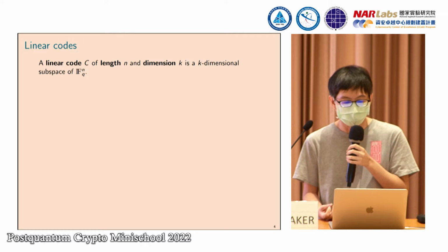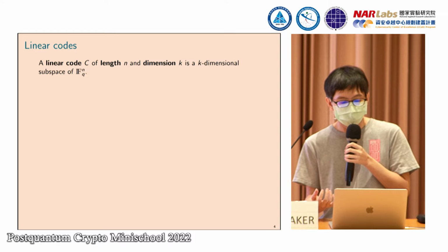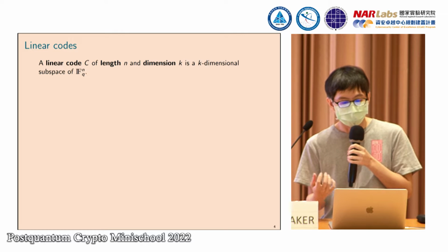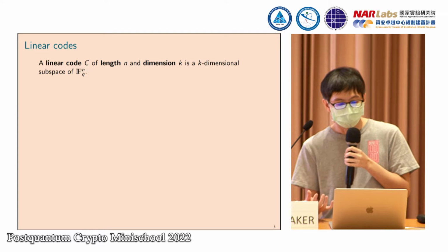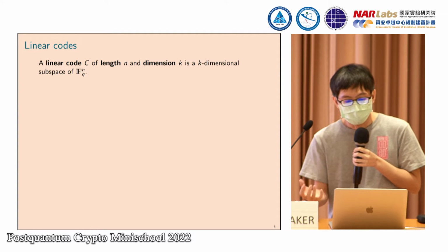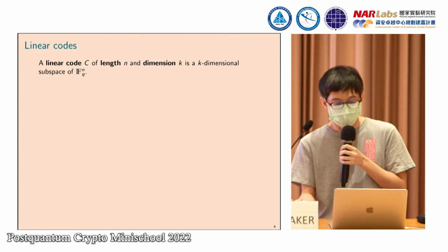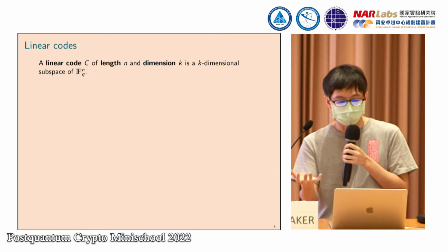A linear code C of length n and dimension k is just a k-dimensional subspace of F_q^n. F_q^n is just the vector space over F_q where every vector is of length n.